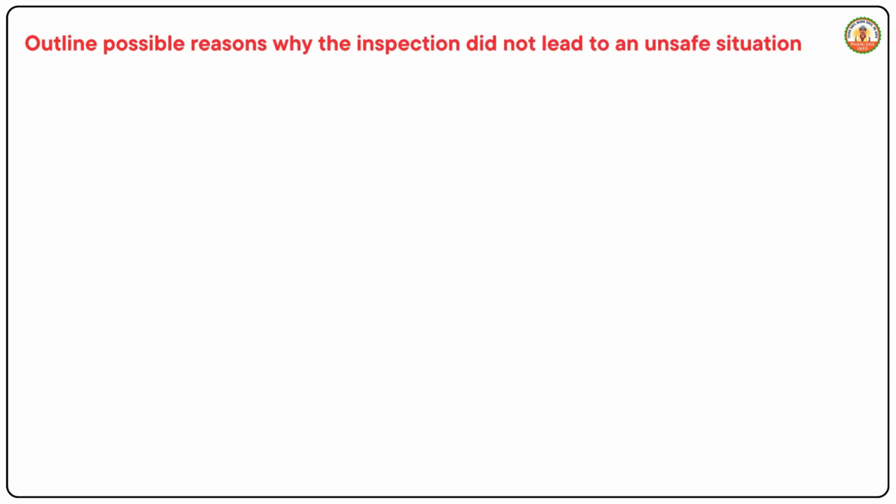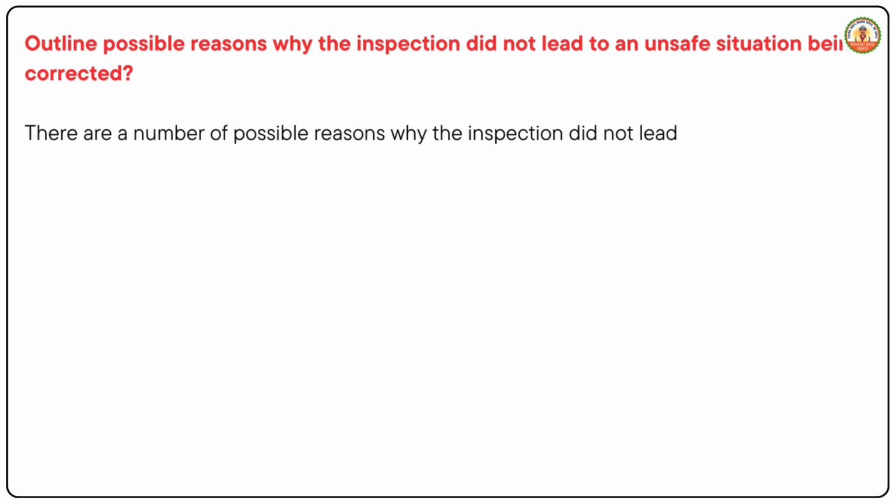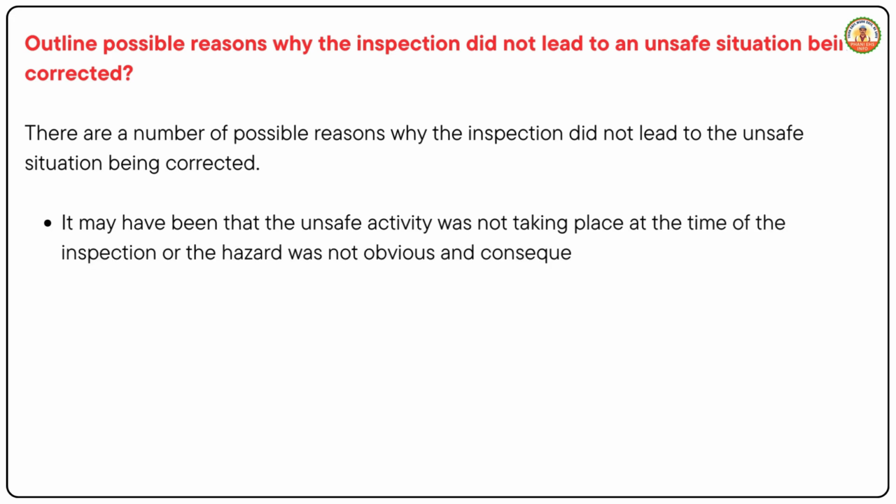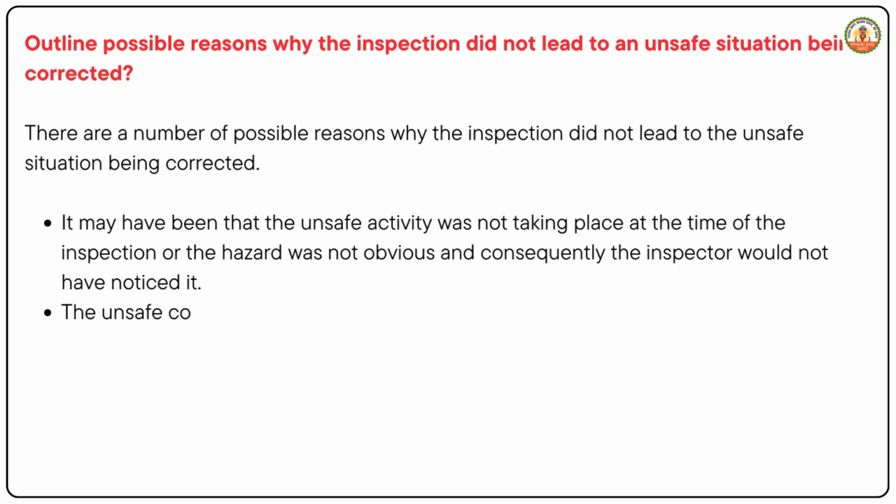Outline possible reasons why the inspection did not lead to an unsafe situation being corrected. There are a number of possible reasons. It may have been that the unsafe activity was not taking place at the time of the inspection, or the hazard was not obvious and consequently the inspector would not have noticed it.